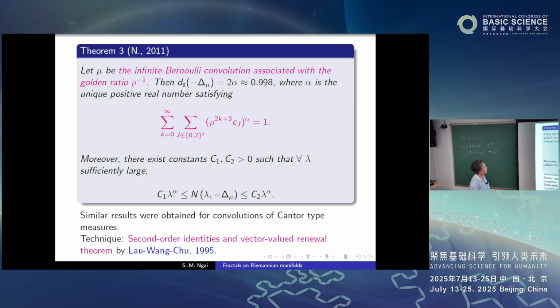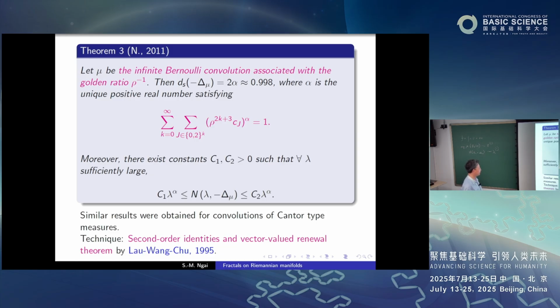I was able to compute the spectral dimension: d_s is alpha, where alpha is the unique positive real number satisfying a rather complicated equation. I will briefly tell you what the c_j are on the board in a moment. So it's just some formula. We can compute the spectral dimension, but it's much more complicated without the open set condition.